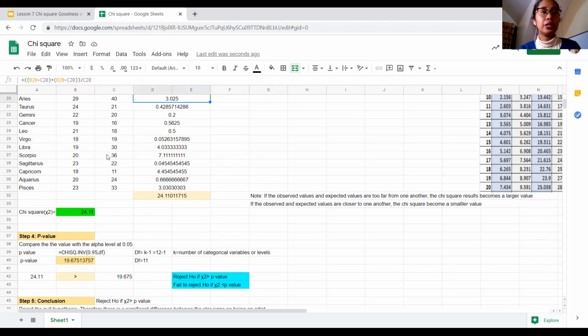Pag mas magkalayo yung value, tumataas yung chi-square value natin. Actually, mas nagiging statistically significant. Pag masyadong magkalapit, it's not becoming statistically significant. Yan. So, mas maganda yung result pag mas magkalayo yung value ng expected saka observed.